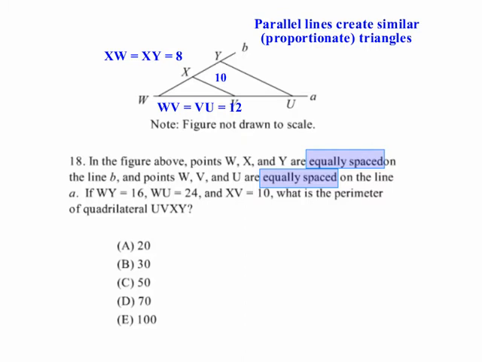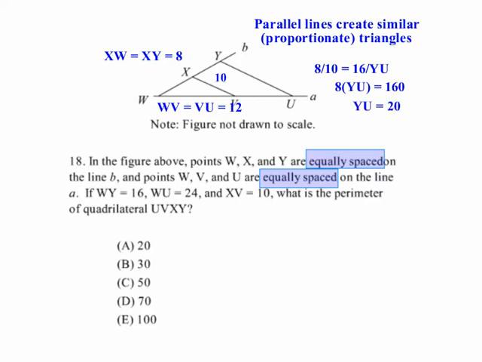Well, XV and YU would be in the same proportion as the others. So what we do here is we say 8 is to 10 as 16, the bigger line, XY, is to YU. Cross multiplying, 8YU equals 160, we see that YU equals 20.